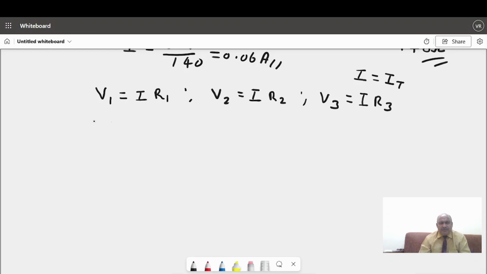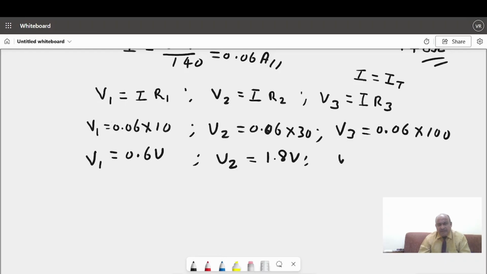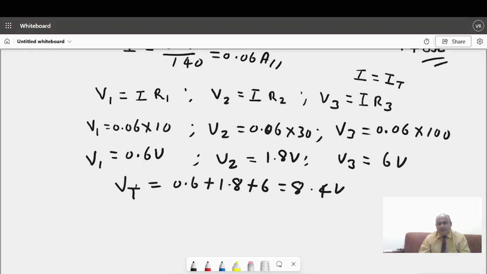So V1 is equal to 0.06 into 10, V2 is 0.06 into 30, and V3 is 0.06 into 100. So V1 is equal to 0.6 volts, V2 is equal to 1.8 volts and V3 is equal to 6 volts. Total V is 0.6 plus 1.8 plus 6, which is equal to 8.4. So it should match, and if it matches, this is correct.